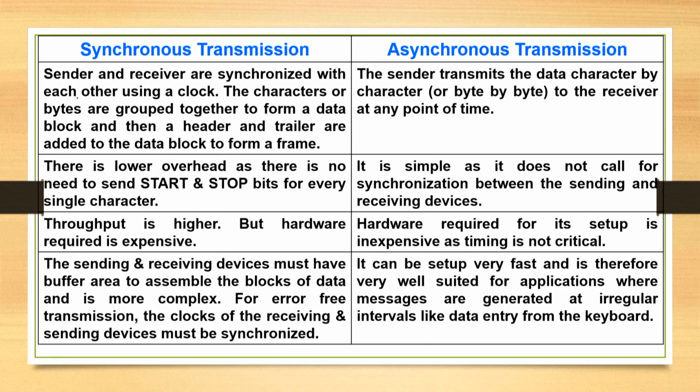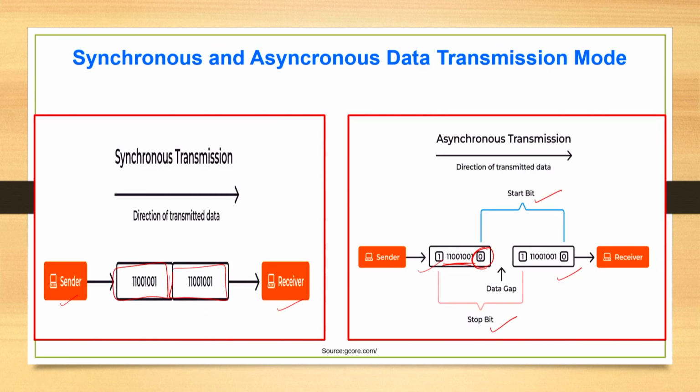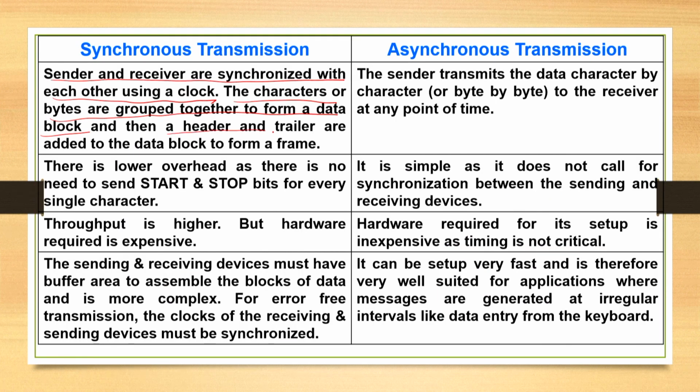In the case of synchronous transmission, sender and receiver are synchronized with each other using a clock, and the characters or bytes are grouped together to form a data block. This is the data block. Then a header and trailer are added to the data block to form a frame.